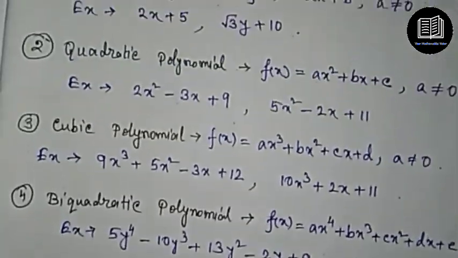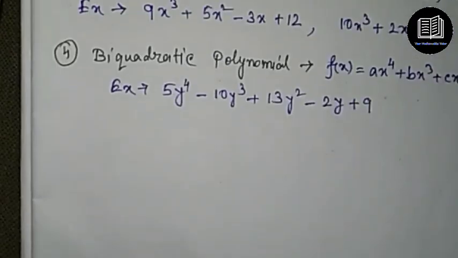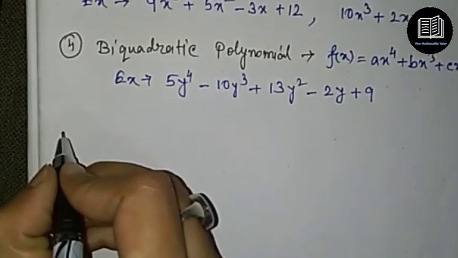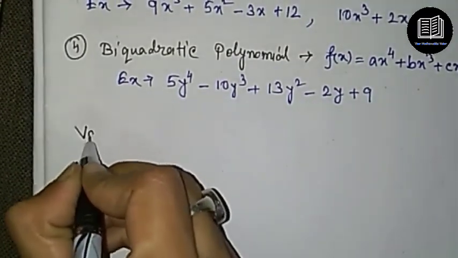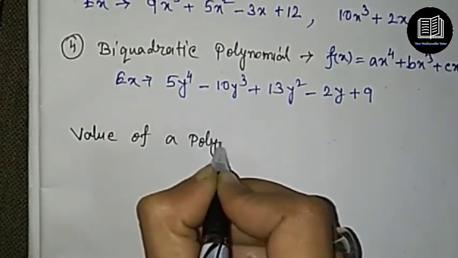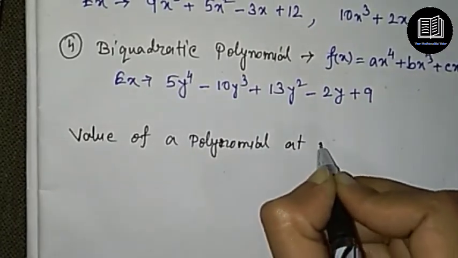Okay, here we complete our classification of polynomials. Next, our next part is value of a polynomial at a given point.